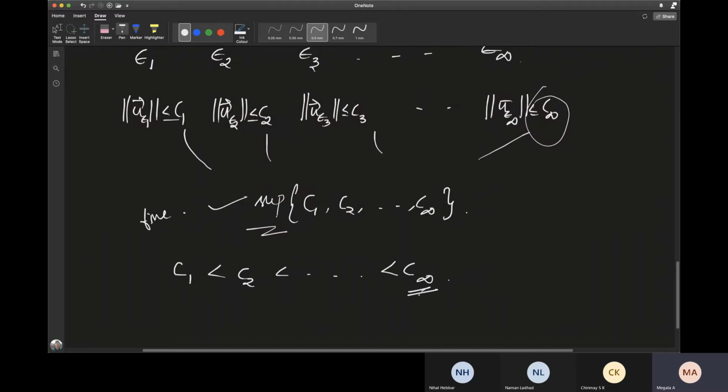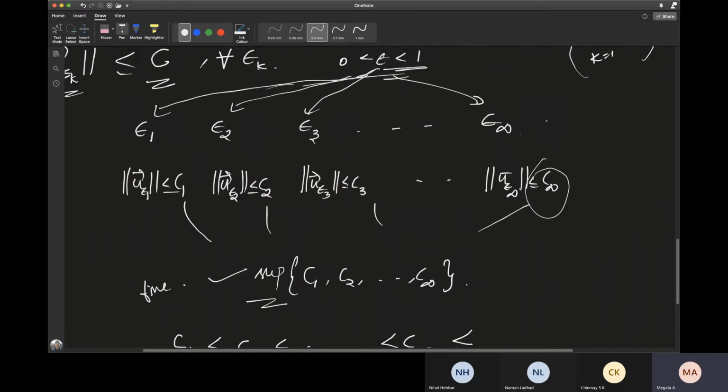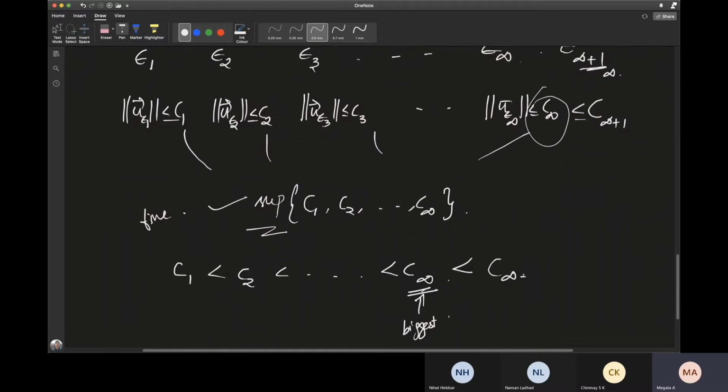Let's say this C is the biggest; again, you can find another for a different epsilon. You can write epsilon infinity plus 1. This is not quite formal, but I'm showing it just to demonstrate. C infinity plus 1 will be greater than this. You cannot bound it all the time.